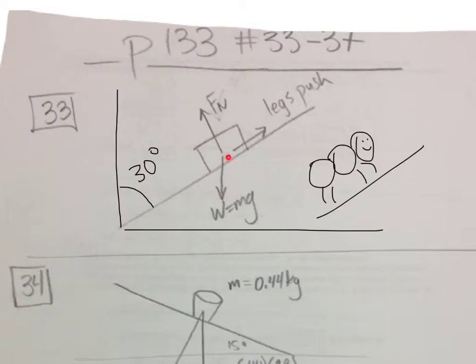The normal force is the block pushing up on the ant. Because the ant is moving up, there has to be some force in the upward direction, or else the ant would slide down, and that is the push of the legs. You could also say it's the friction of the block on the ant's feet, but however you want to describe it, there is a force in the upward direction. So there are a total of 3 forces acting on the ant.